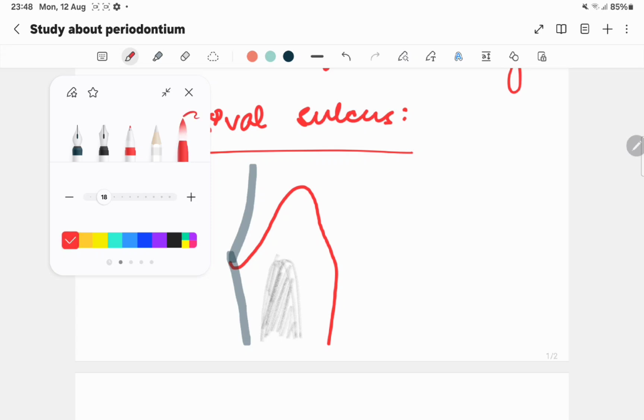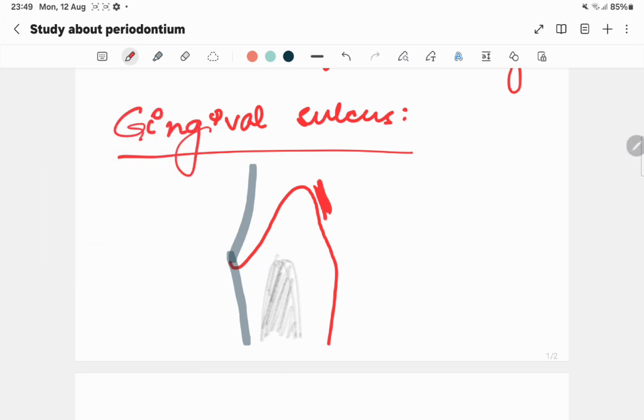So it is a shallow space between the marginal gingiva and the external tooth surface, and this is termed the gingival sulcus.